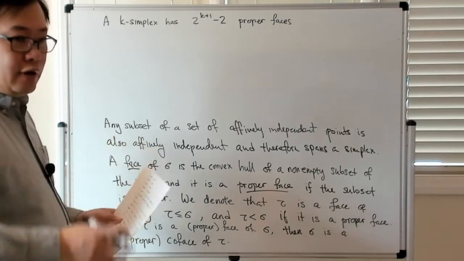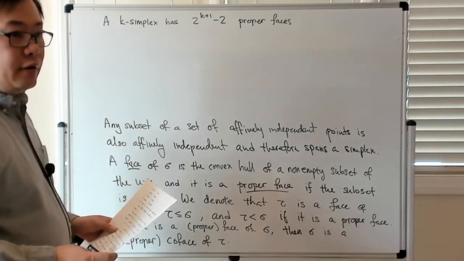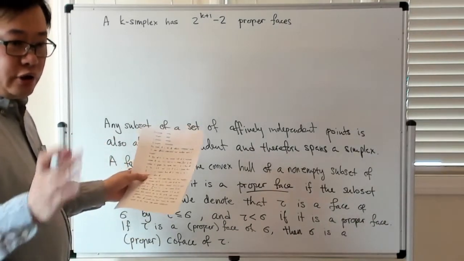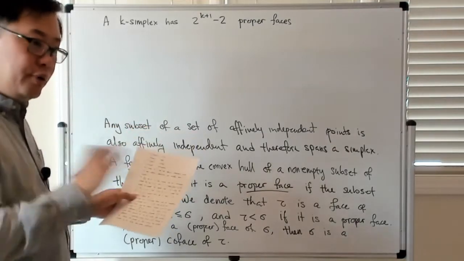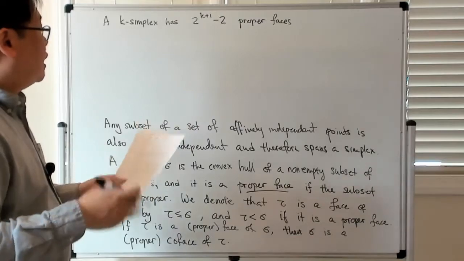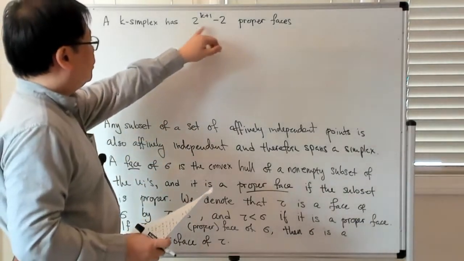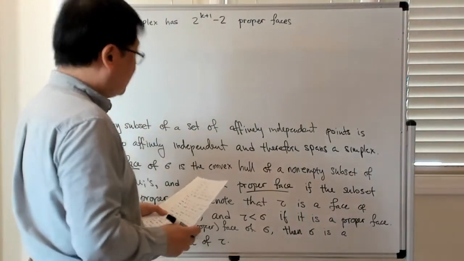So for each you have 2 possibilities, so it's 2 to the K plus 1. But there are 2 extreme situations, where all the points are in or all the points are out, which correspond to either the original set itself or the empty set. So you want to exclude those 2 possibilities.